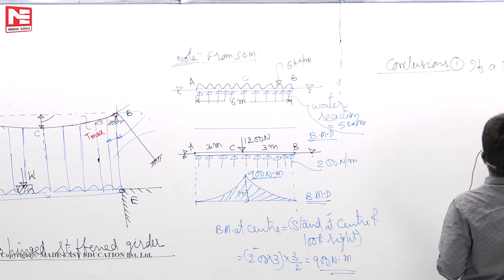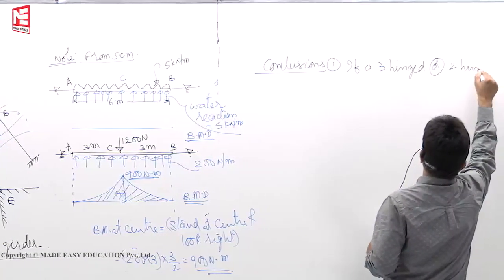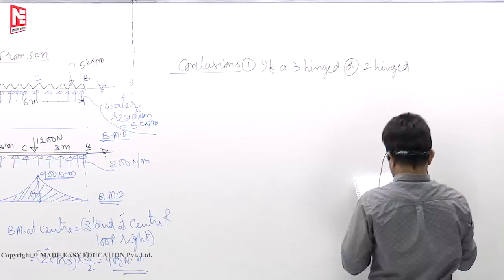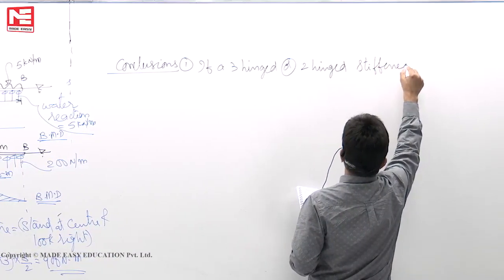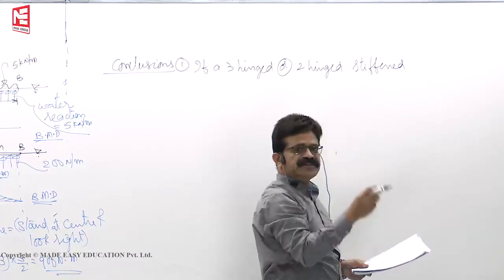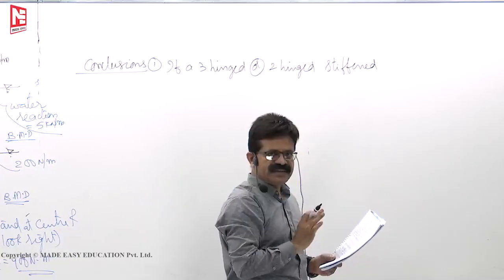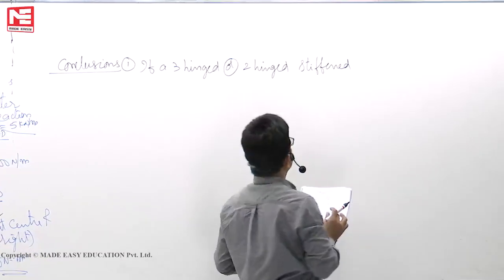So, a 3-hinged or 2-hinged stiffened girder means it is stiffened with the hanger bars so that the bending moment is less. Stiffness is more, means deflection is less.